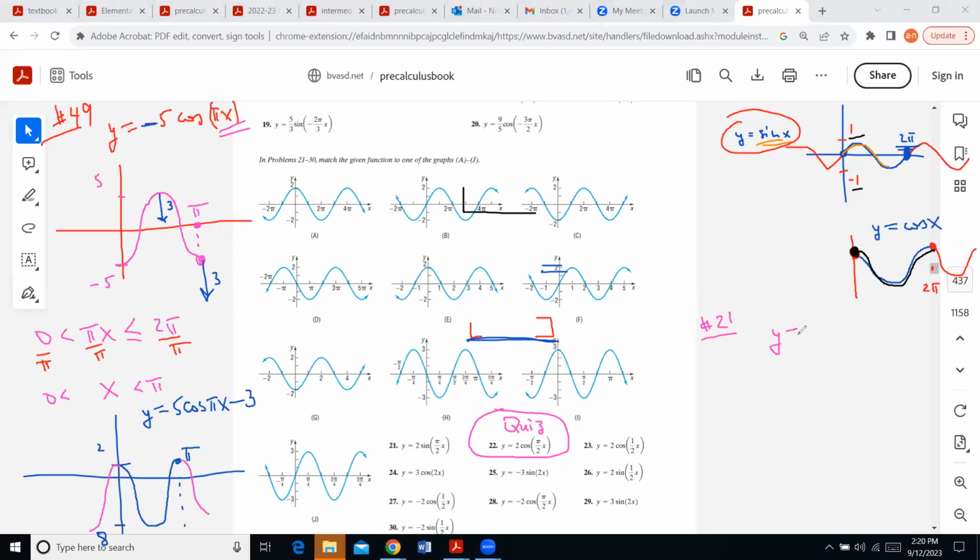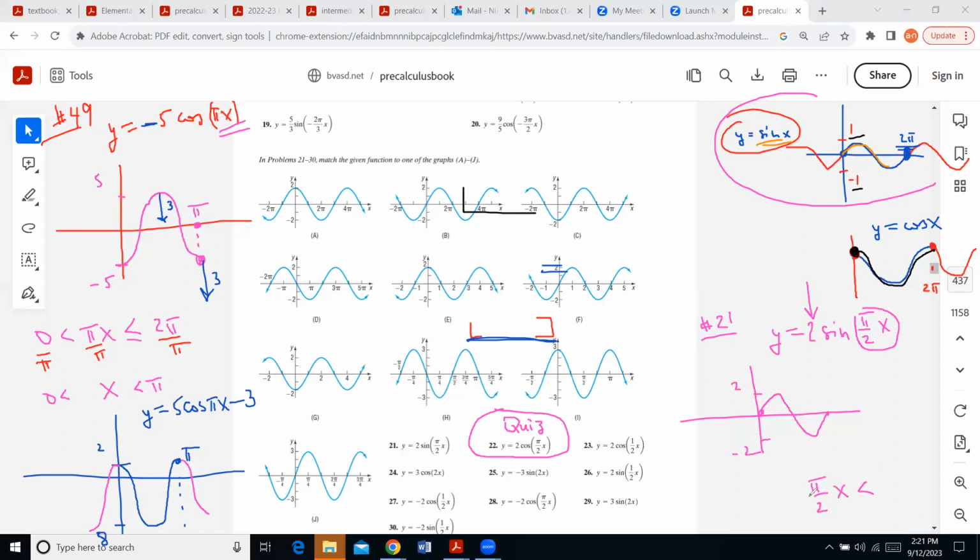So if I think of graph of 2 times function sine of pi over 2 times x, then what I will do is look at function sine, first of all, which is here. So the graph is going to be starting at the origin, going up and then down, right? Now I also see the amplitude 2, so it'd be in between of plus and minus 2. So the last thing I care about now is pi over 2x.